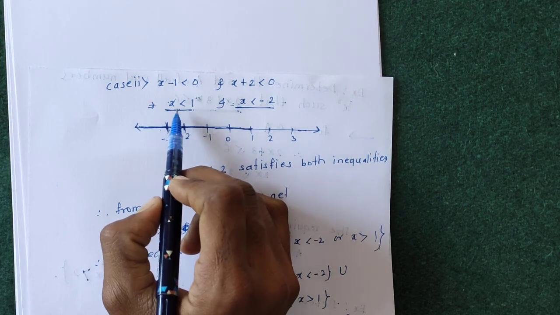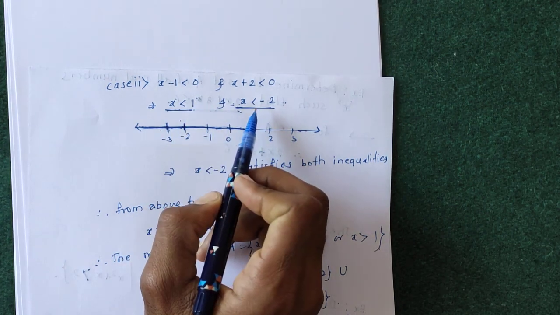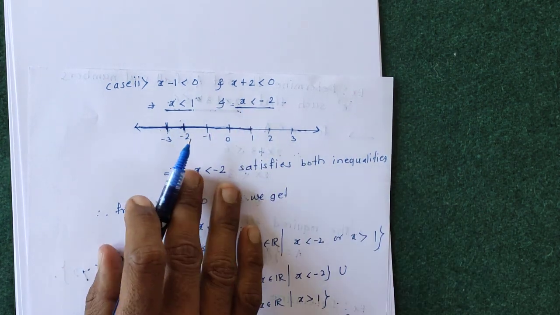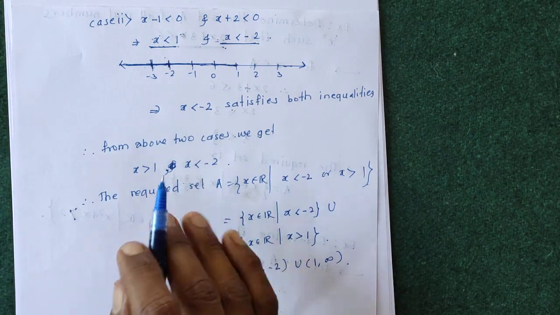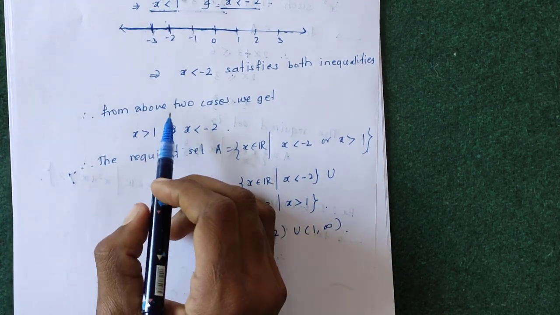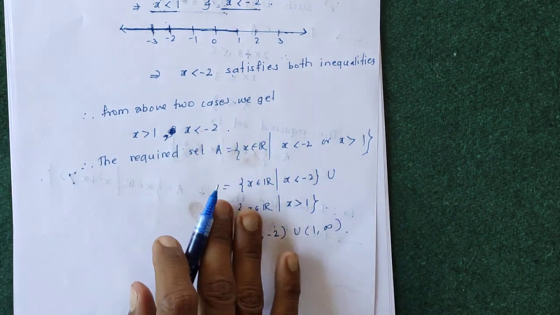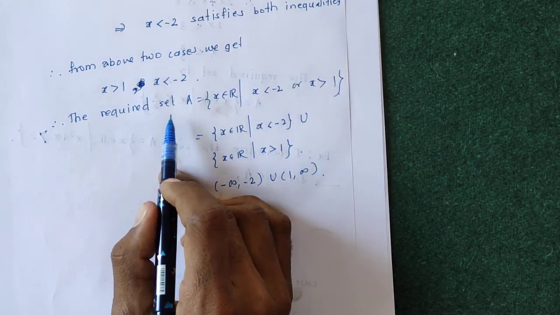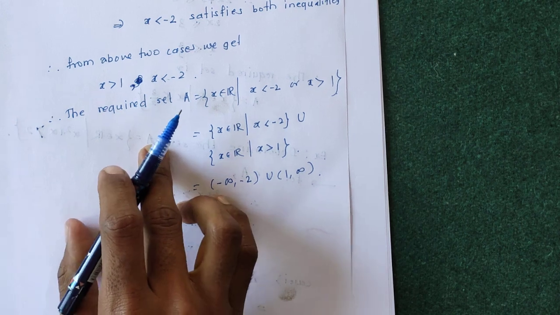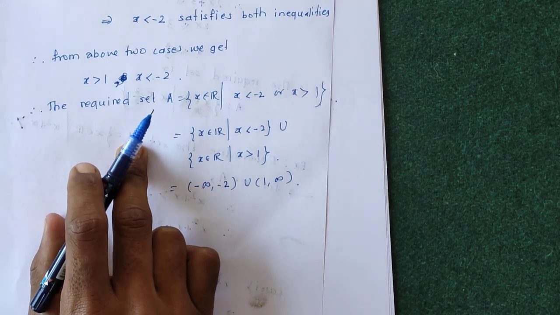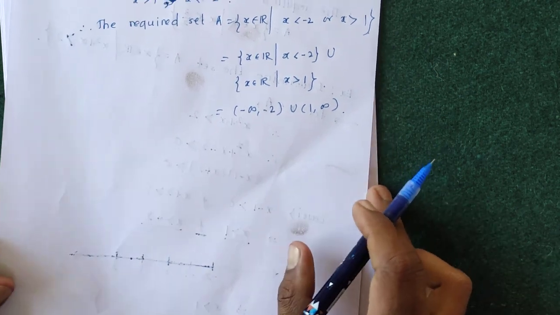We need the x which satisfies both the inequalities, so x less than minus 2 satisfies both. From these two cases, in the first case we get x greater than 1 and in the second case x less than minus 2. So the required set is x less than minus 2 or x greater than 1. This is the answer of the question.